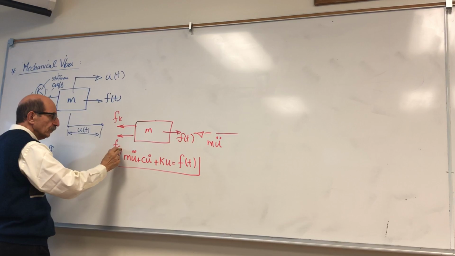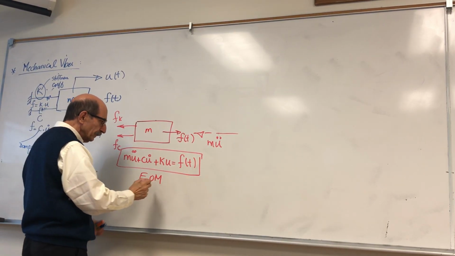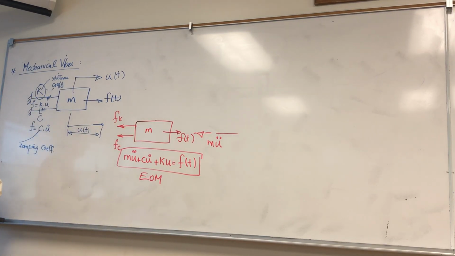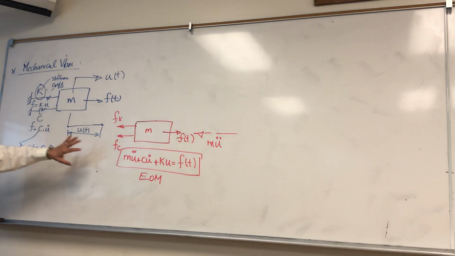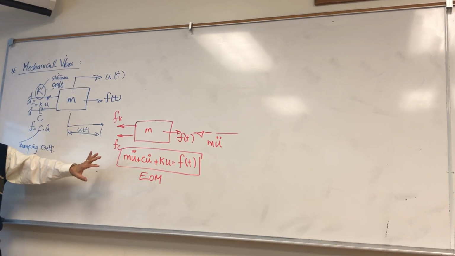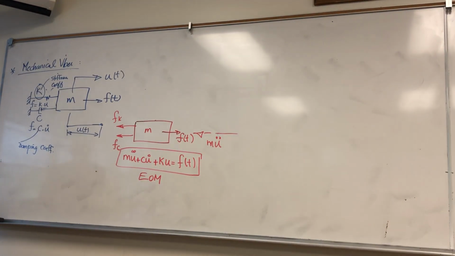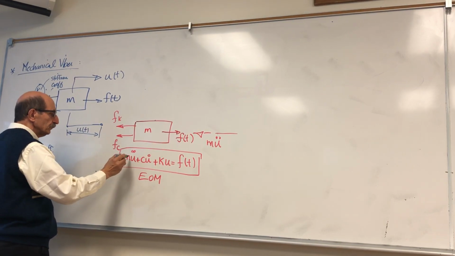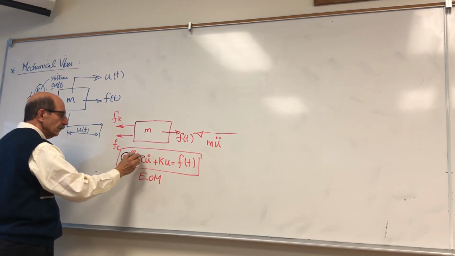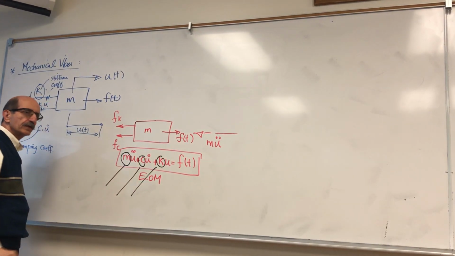We said this is called the equation of motion, and the objective of this course is to not just solve this equation, but understand what that solution means. This equation has all the information about the system.